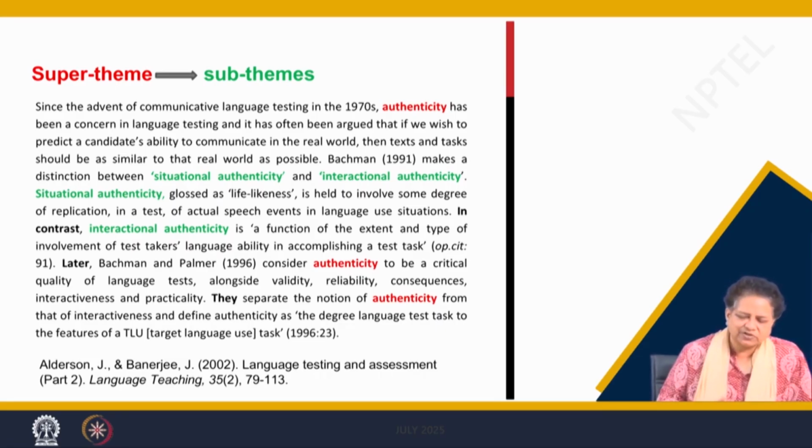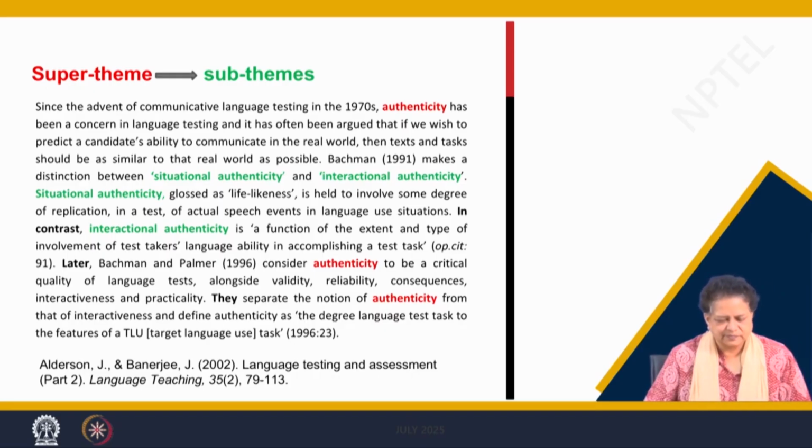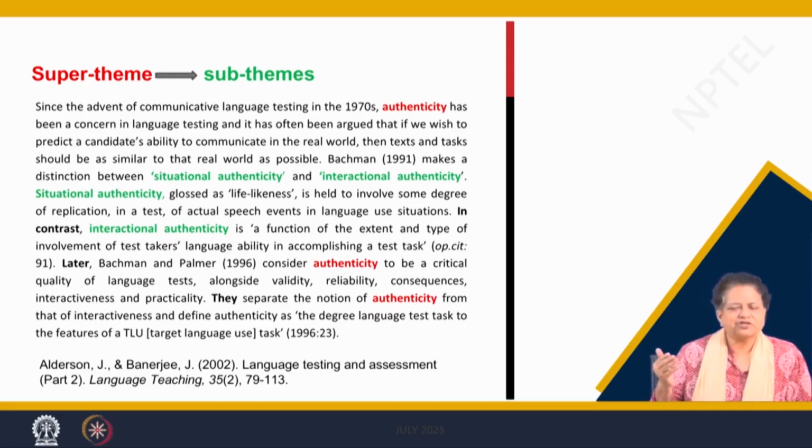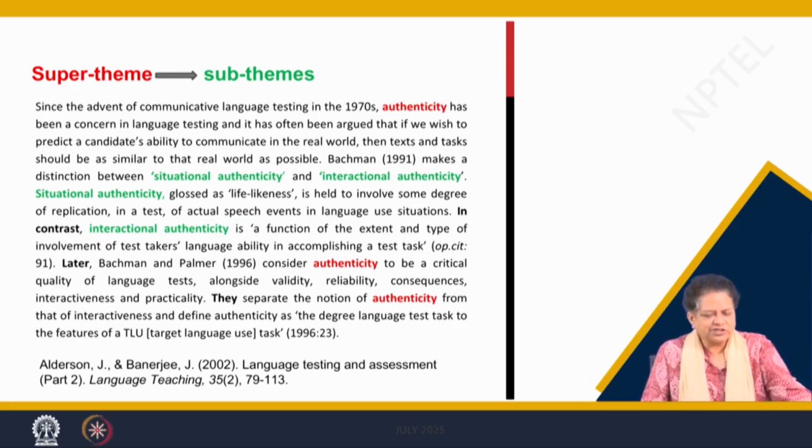We are coming to this for the first time. Now, the sub theme starts to be described. Situational authenticity, glossed as life-likeness, is held to involve some degree of replication in a test of actual speech events in language use situations.